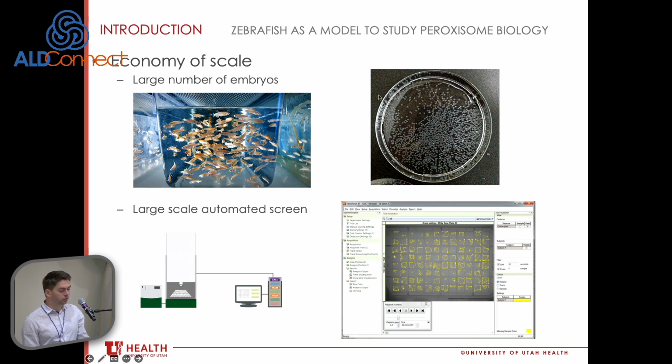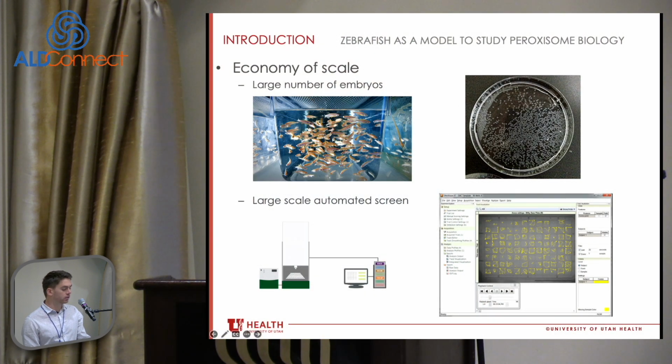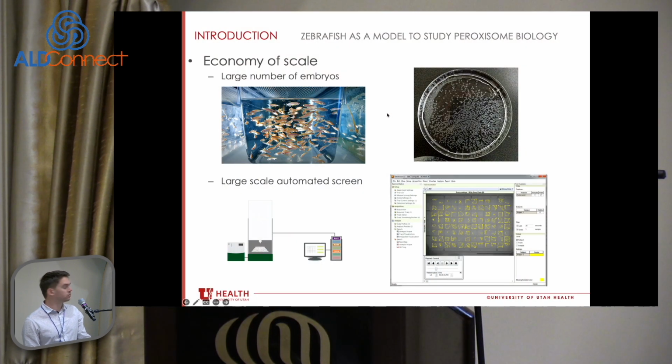Just a few points about zebrafish. They are small fish which you can house for only a fraction of the cost of housing mice, so housing hundreds or thousands of individuals is easy. What's definitely interesting is that a single cross of one male to one female can yield several hundred embryos, as you can see in this plate, and that makes it a very good model for large-scale screens.